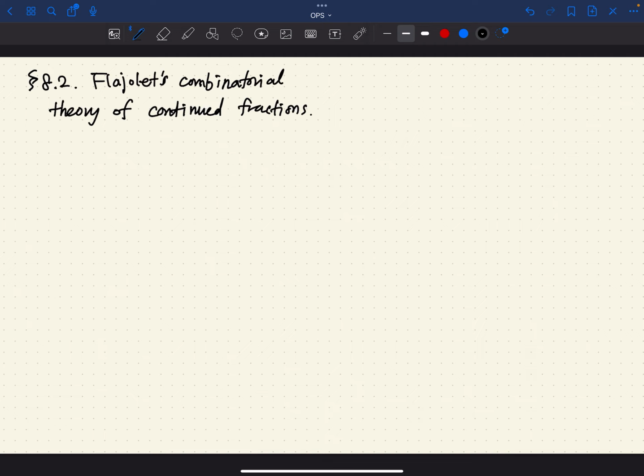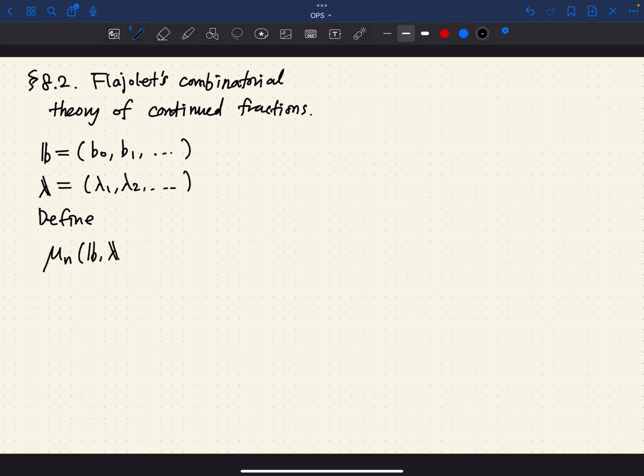And we're going to use this notation. So boldface b is a sequence of b's, like our recurrence coefficients. Boldface lambda is our sequence lambda. From now on, I'm going to use this notation and define this mu as usual, using only Motzkin paths, just combinatorially.